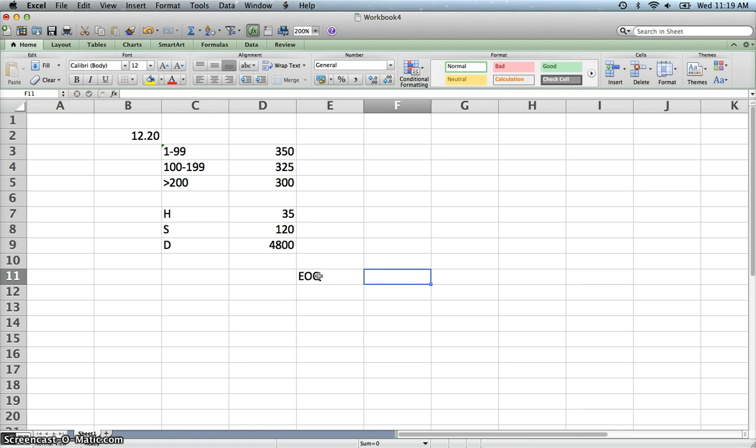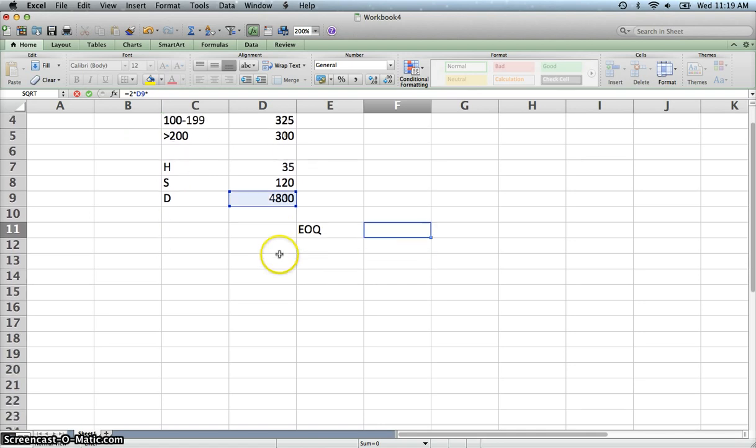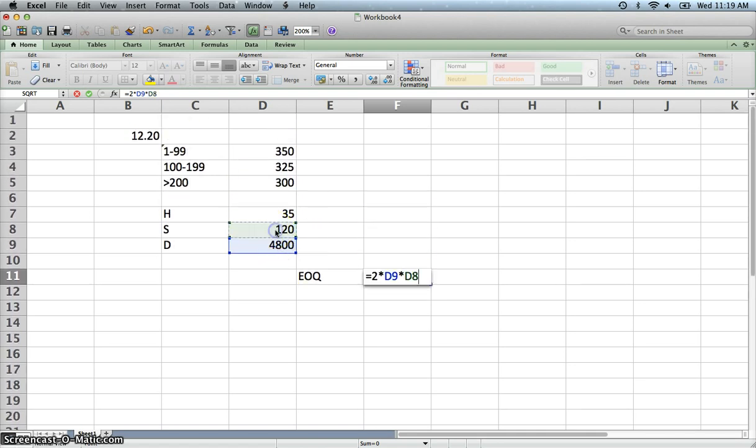So the top part of the equation was 2 times the annual demand times then the setup or ordering cost. In this case, it's 120, and so that's the top part of the equation. Now, something I failed to mention here, they gave you the demand in monthly.